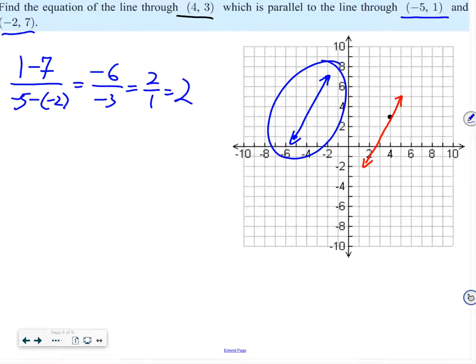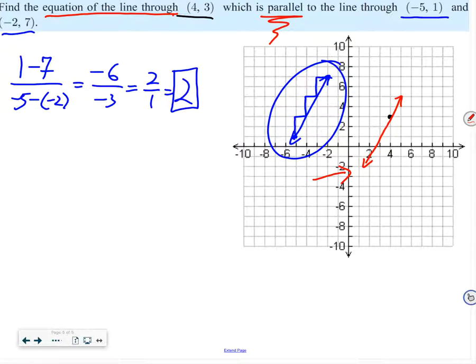Okay, so I can see this goes up 2 over 1, up 2 over 1, up 2 over 1. Okay, so because this gradient is 2, and I want it to be parallel to my red line, okay, find the equation of a line through this, which is parallel.